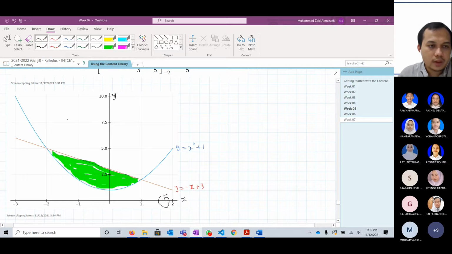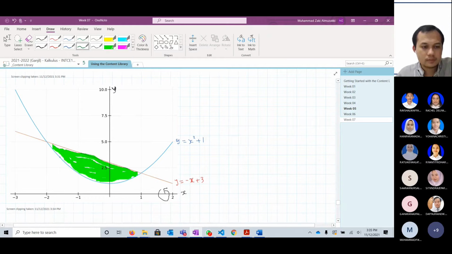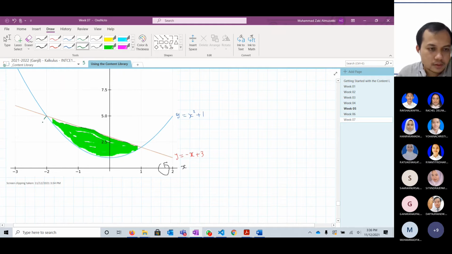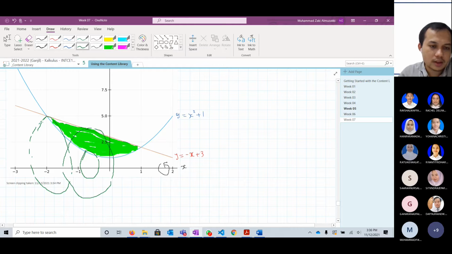So if we revolve it, we will get something like this. It's too big, but it's okay. And somewhere in the middle we have small holes, so it looks like a donut again.